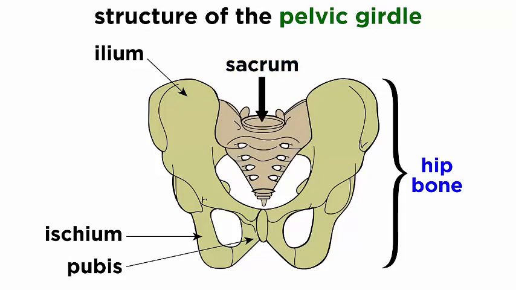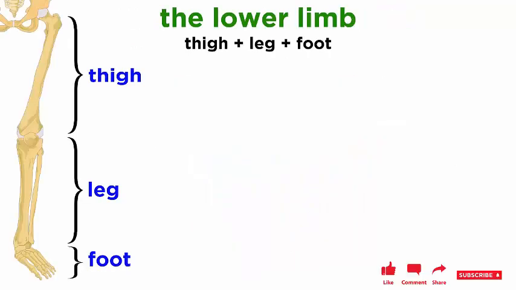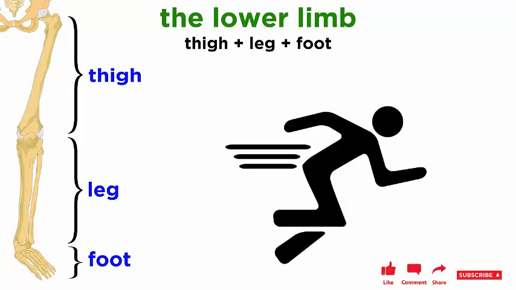These are made of 3 separate bones at birth, which fuse to become one by adulthood, but we still describe the regions of the hip bone as being the ilium, ischium, and pubis. Lastly, the lower limb contains very thick bones, allowing us to run and jump effectively.